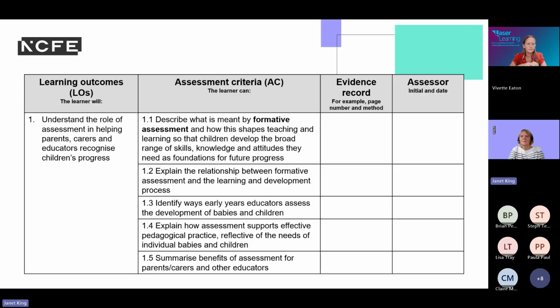Okay, so let's take a little bit of a walk through the unit itself. Understand the role of assessment in helping parents, carers and educators recognise children's progress. When we think of observation, we sometimes detach it from that cycle. So one of the first things I'd do, if I was doing this unit, is a little bit of a recap on Unit 2.